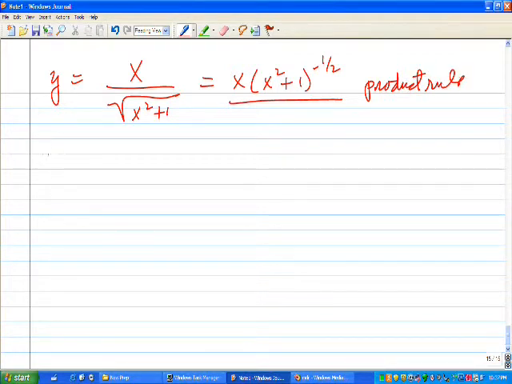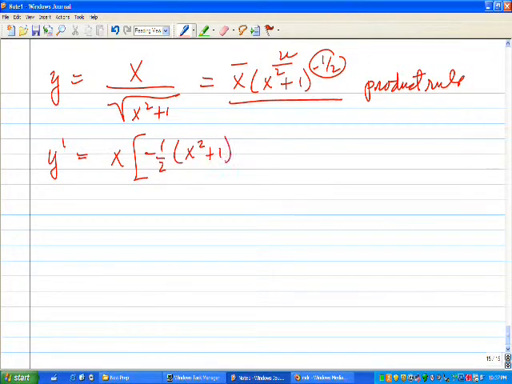So let's calculate this. y prime is equal to the first times the derivative of the second one. Now here again we have to use the chain rule. We have an inner function u. So we take the power, put it out in front, take x squared plus 1 to the minus 3/2 power. But we're not through, because we have to take the derivative of this u, which is 2x.